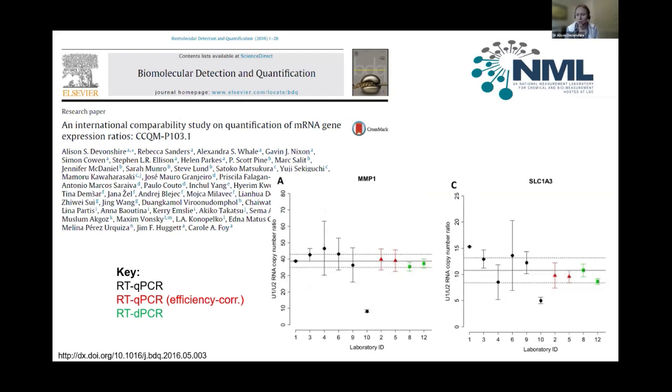Even a few years ago, in the early days of digital PCR, we got very good agreement with the RT digital PCR results compared to the assigned values, which also meant, comparing two different samples, that we were able to dilute the samples by a different amount. So even a few years ago, RT digital PCR was an accurate technique for looking at gene expression changes.